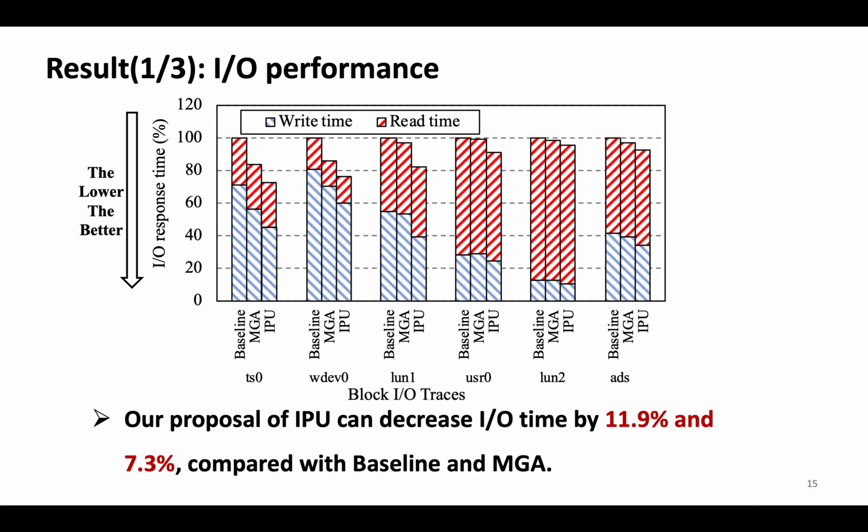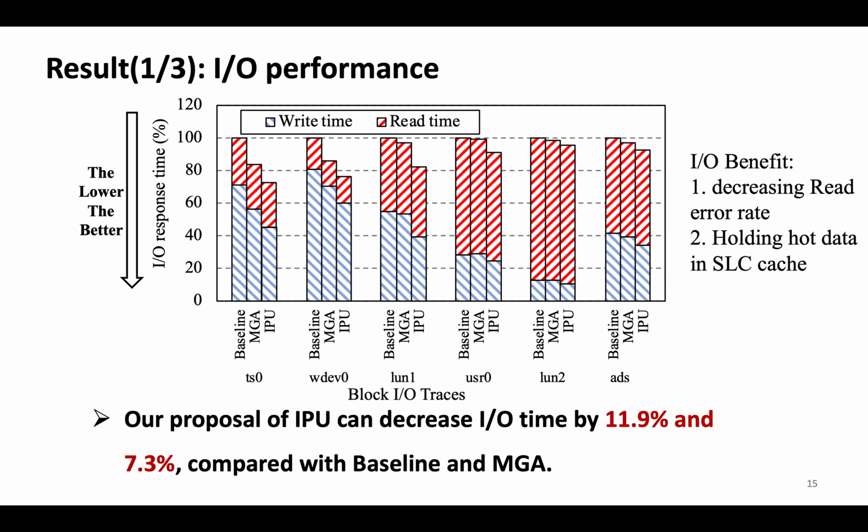Our proposed method IPU can decrease I/O time by about 12% and 7% compared with baseline and the related work MGA. There are 2 reasons. First is decreasing the read error rate induced by partial programming, and the second reason is holding hot data in the SLC cache. Then I'll show the detailed information about these two reasons.